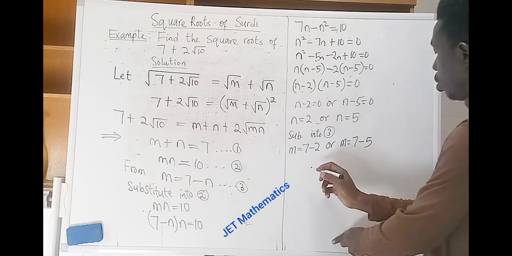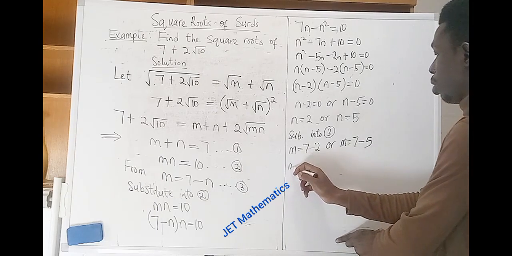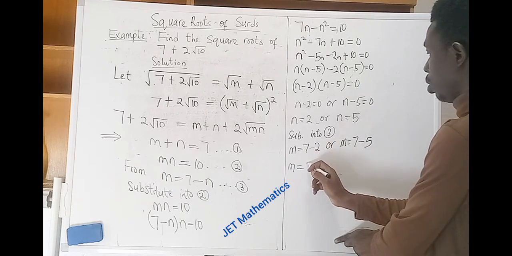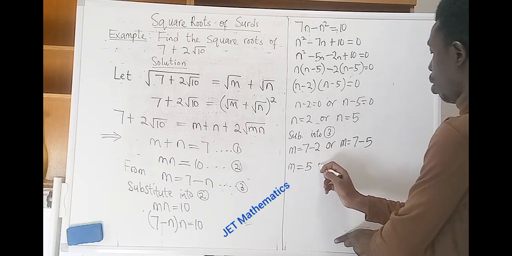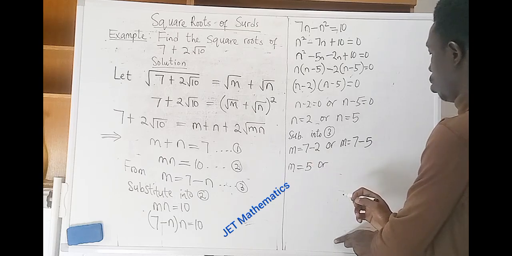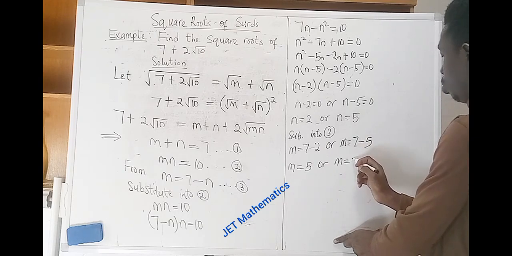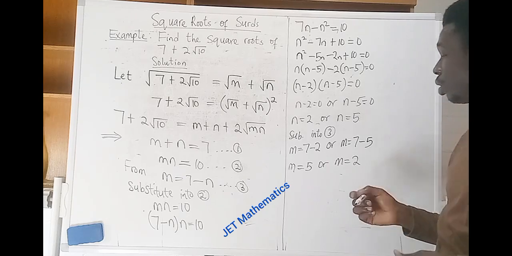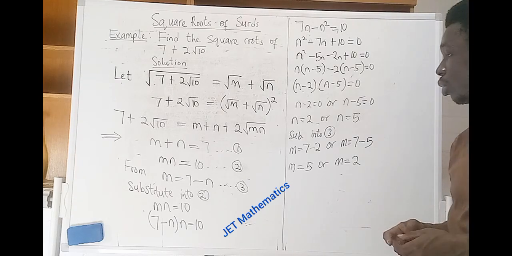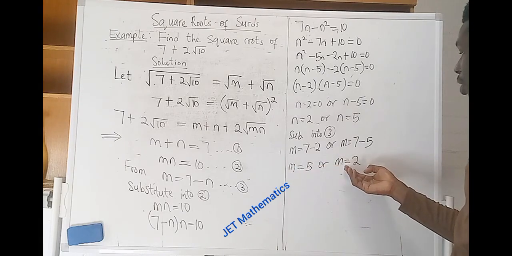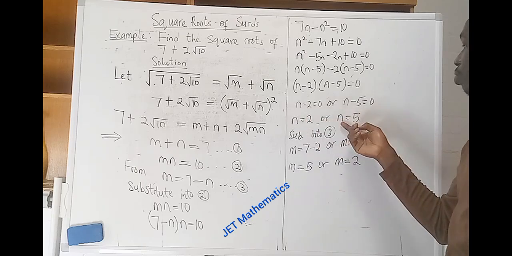So m is equal to 7 minus 2, which is 5, or m is equal to 2. So with this, we have been able to get values for our m and also values for our n.